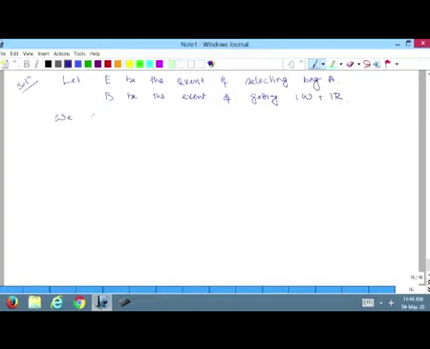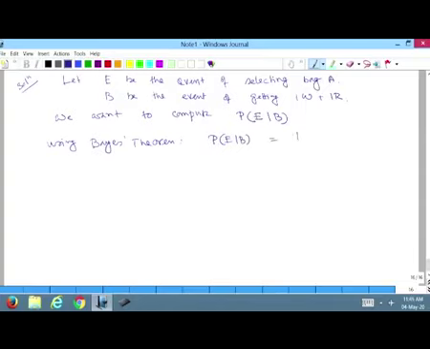We want to compute probability of E given B. Therefore, using Bayes' theorem, probability of E given B is equal to probability of B given E multiplied by probability of E divided by probability of B.